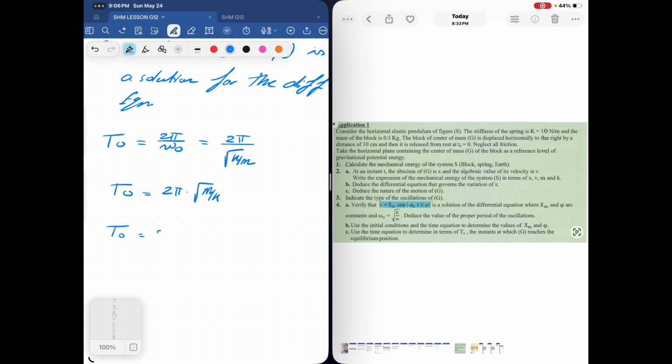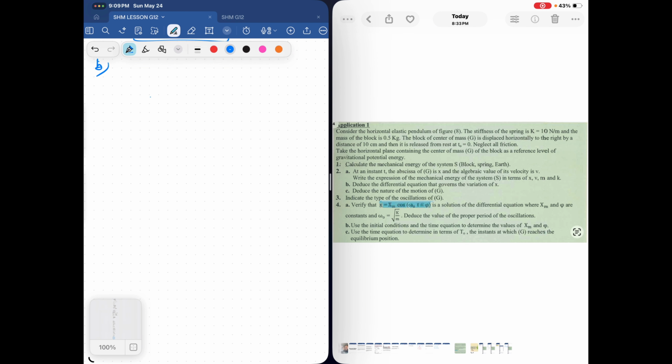T0 is equal to 2 pi radical 0.5 kilograms divided by 10 newtons per meter. Getting the value of T0 to be equal to 1.4 seconds.